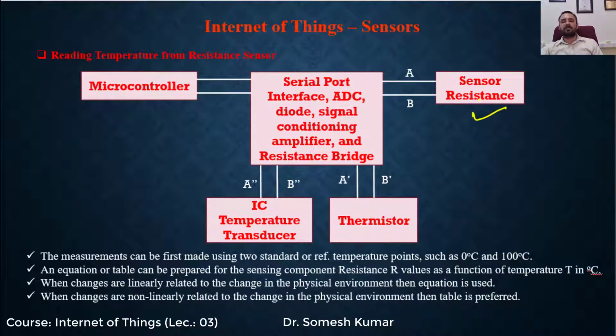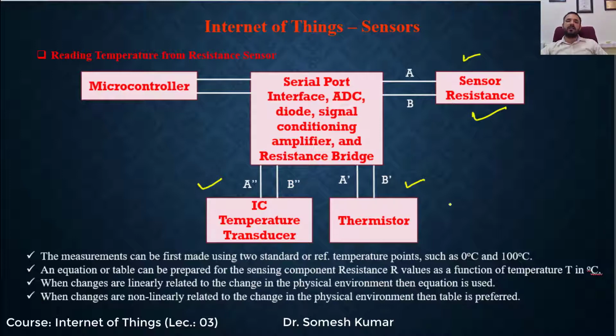Means the resistance is not the electrical signal, basically it is a characteristic, and the resistance varies by varying its voltage levels. Fine. So here there are basically three sensors. One is this one, second one is this thermistor, and third one is this IC temperature transducer, and these have the input outputs A double dash B double dash, A dash B dash, and the AB.